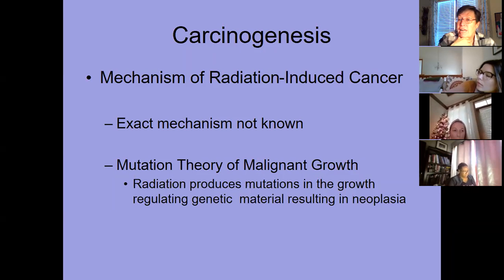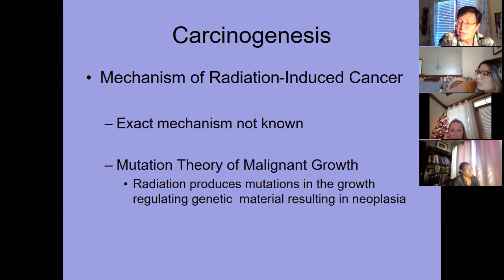So if we're talking about a radiation-induced cancer, a person is exposed. It's theorized that the radiation changes the growth regulating mechanism in their genetic material. That causes the normal cells to start to divide more rapidly and to digress or resort to a simpler phase.